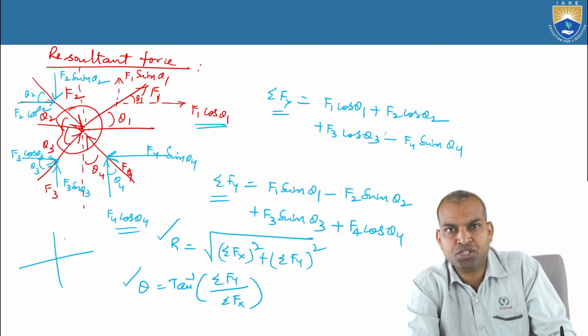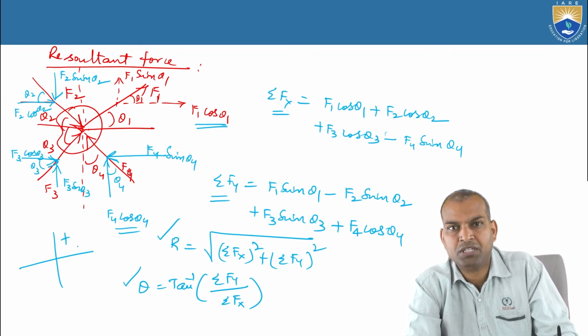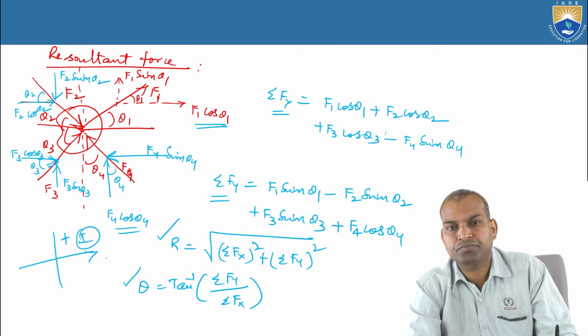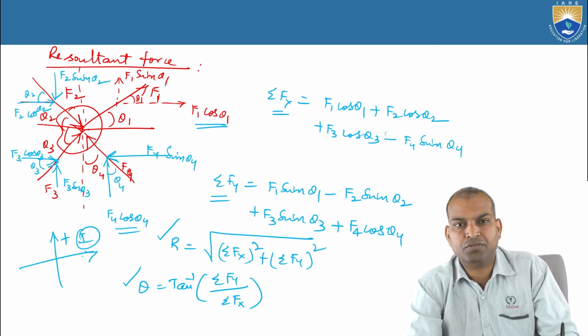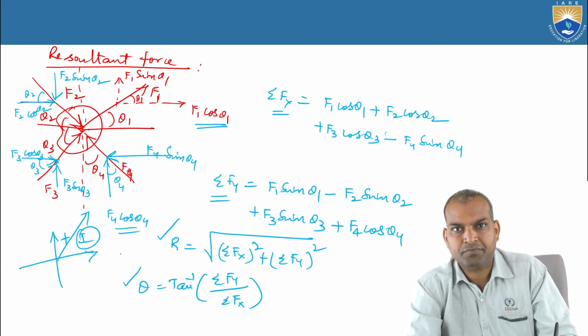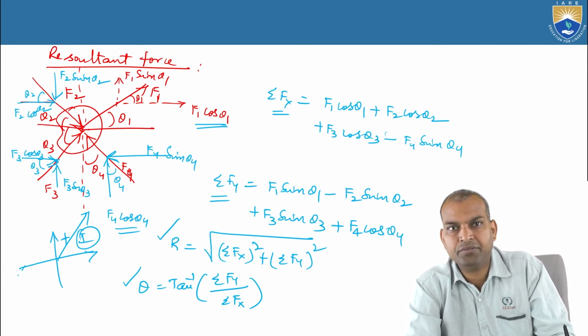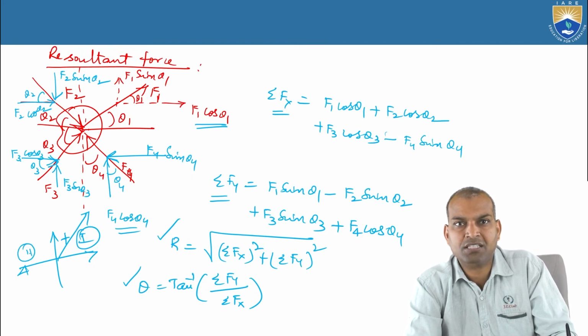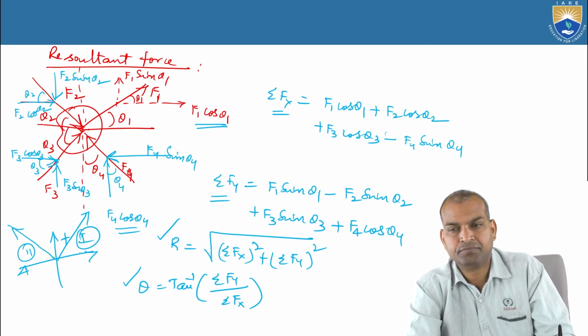Sigma Fx is positive, sigma Fy is positive; that is the first coordinate system, and the resultant acts in the first coordinate, in this upward direction. If sigma Fx is negative and sigma Fy is positive, it is in the second coordinate system, and the resultant acts in this upward direction, the second coordinate.